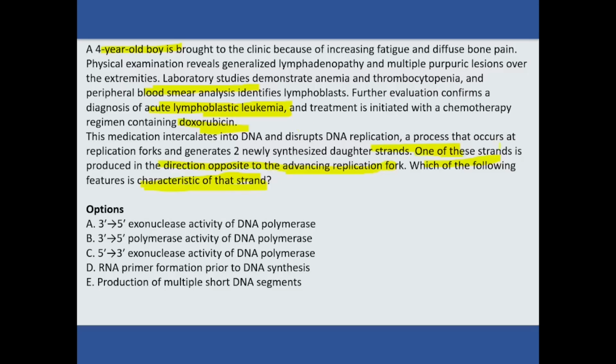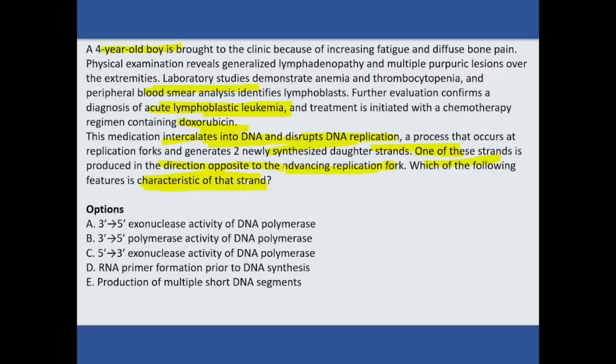What they're testing is whether you can understand what is being asked in the question, and then whether you know about that process yourself. It is good to know what doxorubicin does. They have already told you that it intercalates into the DNA and disrupts DNA replication. It is good to know that if you're sitting in the exam, but what is more important is to know what they're actually talking about.